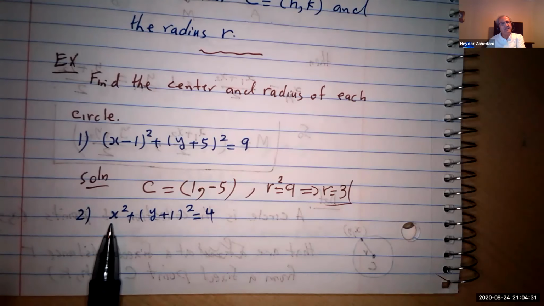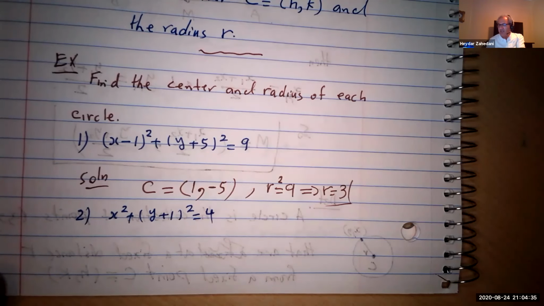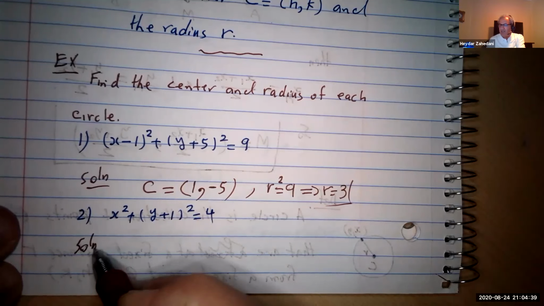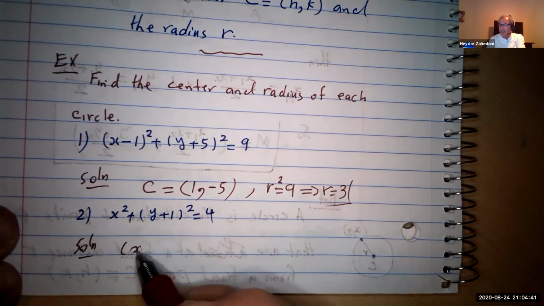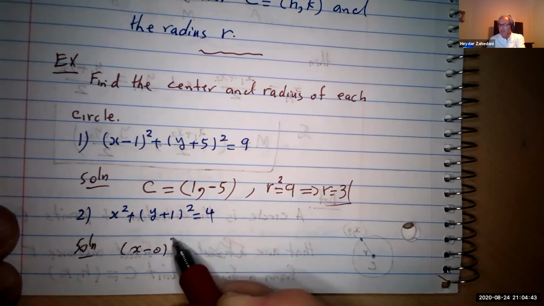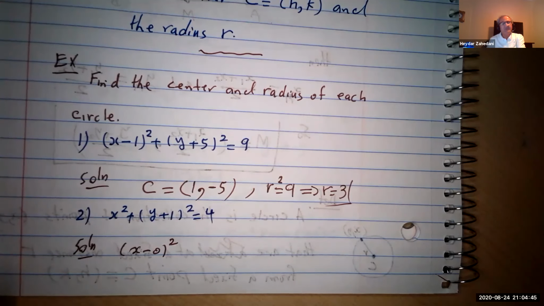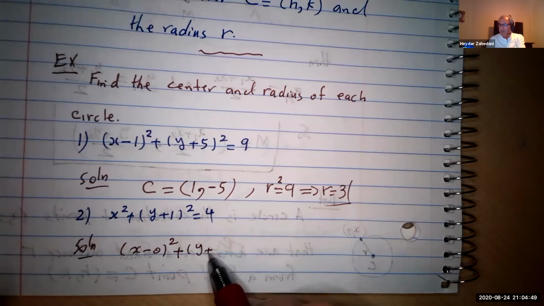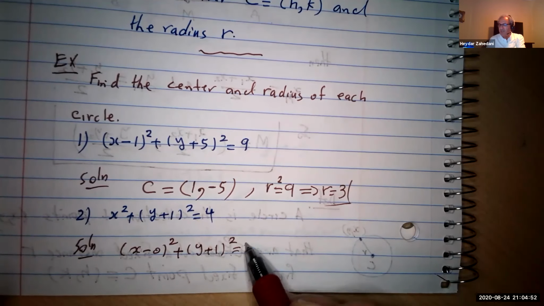You see, this is x squared. You may think about it; I write it down so that you know it. This is like x minus 0 all squared, plus y plus 1 all squared equal to 4.